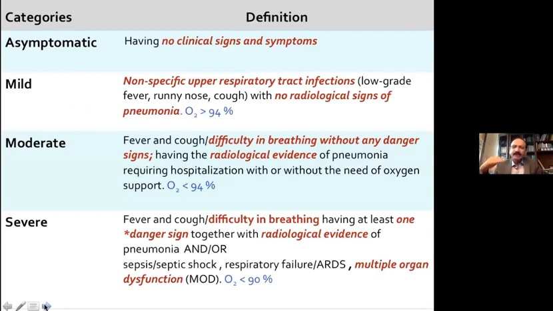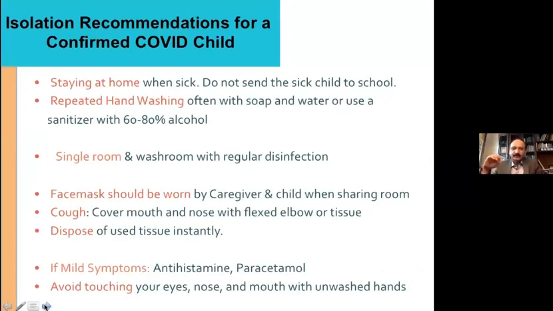And of course, radiological evidence, and the most important radiological evidence in this context is HRCT, if you have the facility. If you don't have that, then a chest X-ray and pulse oximetry would help you in deciding whether this is a moderate or a severe case. But all moderate and severe cases need to be admitted in the hospital.